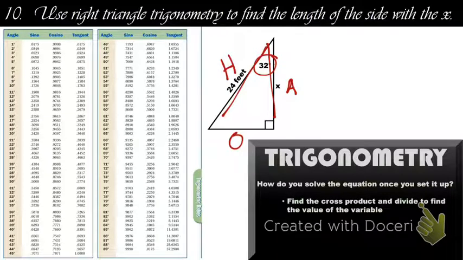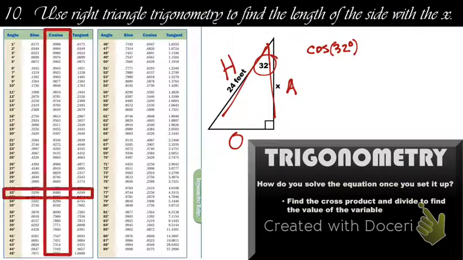So we're going to take the cosine of 32 degrees and find that decimal value on the trig table. I've gone to the cosine column and the 32 degree row, and the intersection of that column and that row is the decimal 0.8480.